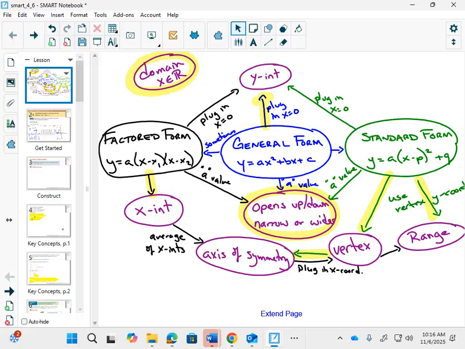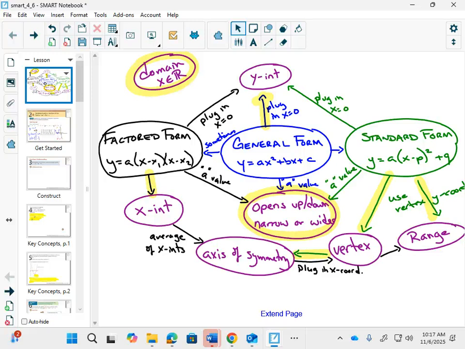So the general form can always go to the standard form. But notice I put a little arrow here to the factored form, and I wrote sometimes, because our first example we tried, we couldn't factor it. It doesn't always go to the factored form. So what Riley was saying, I like the standard form better.